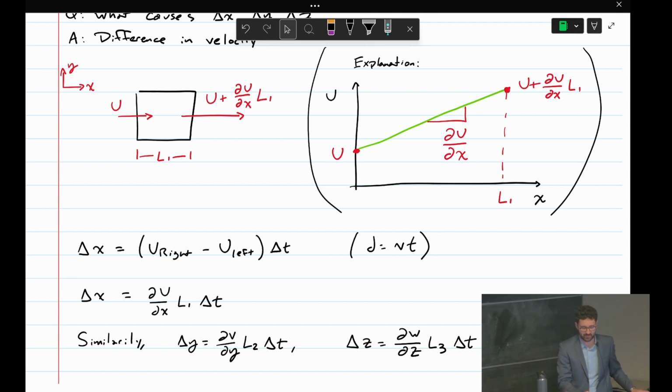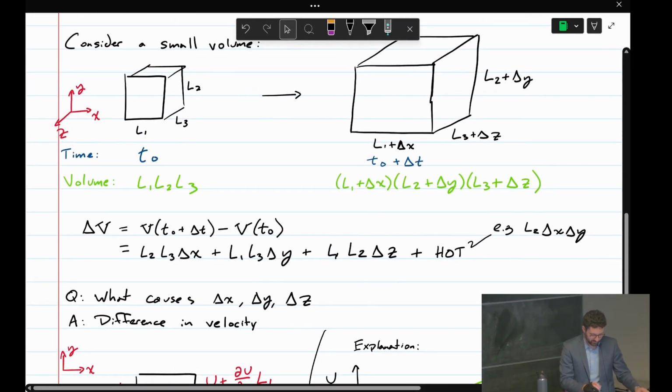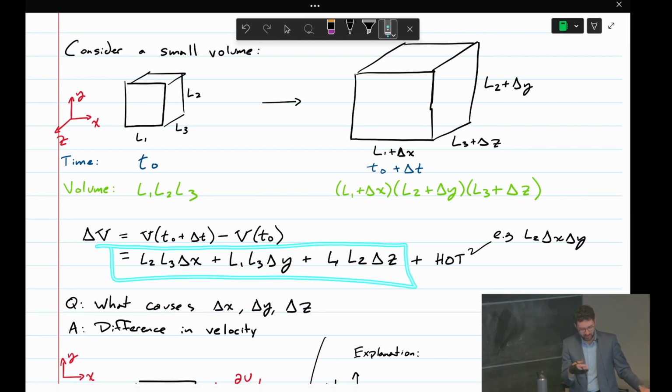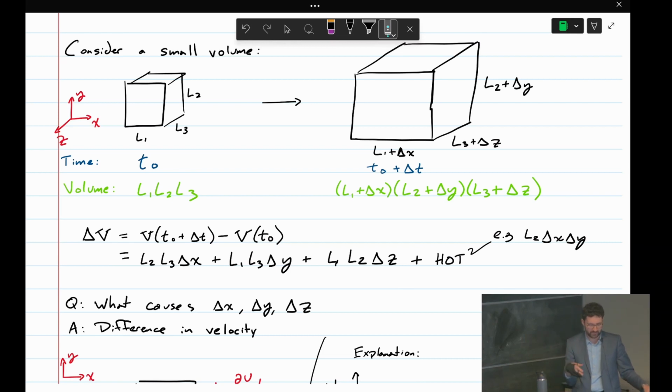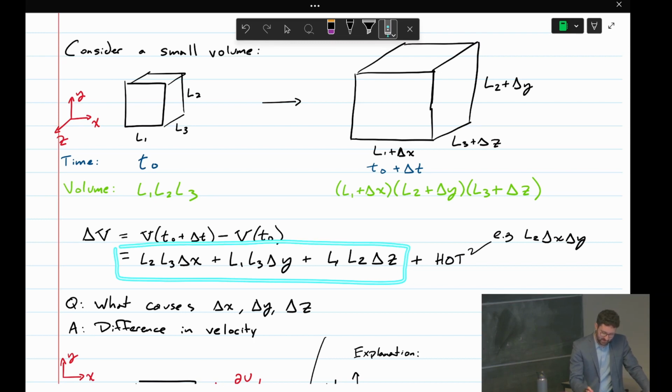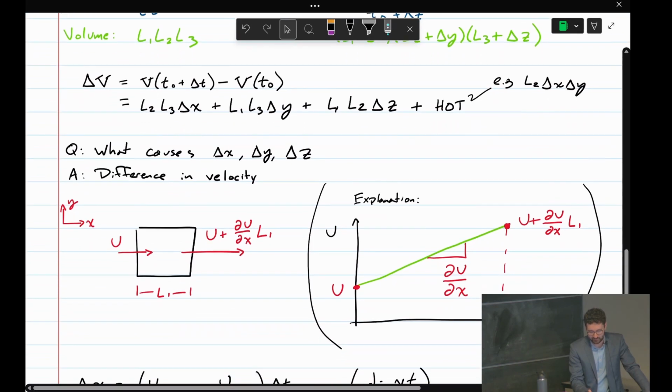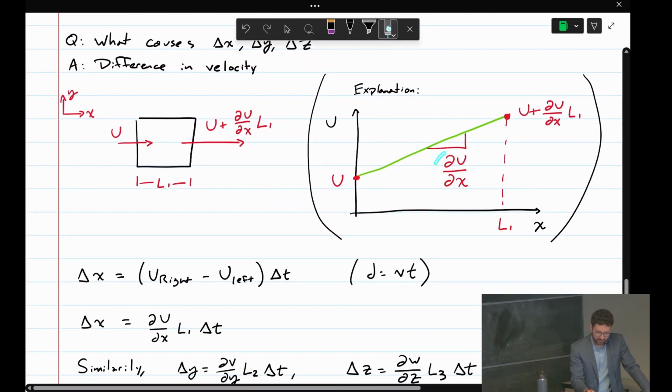That's what volumetric strain is. So we related here just delta V, the change in volume. These are all lengths. So L2, L1, L3, delta X, delta Y, delta Z, those are all just spatial lengths. Now we have an expression of these lengths in terms of the velocity derivatives, because the length that stretches is related to the velocity gradient.